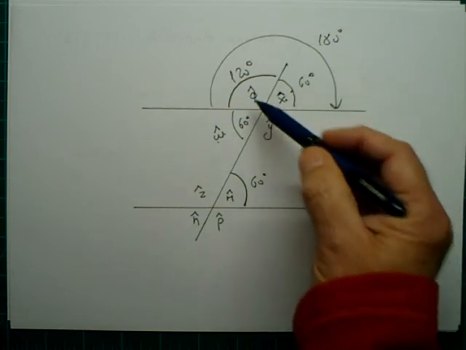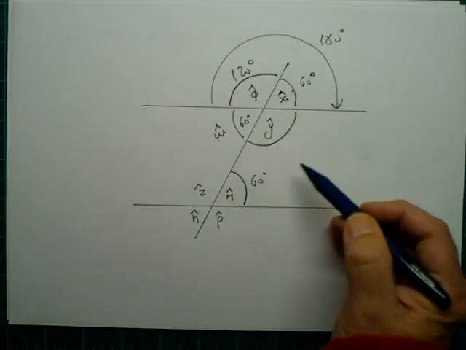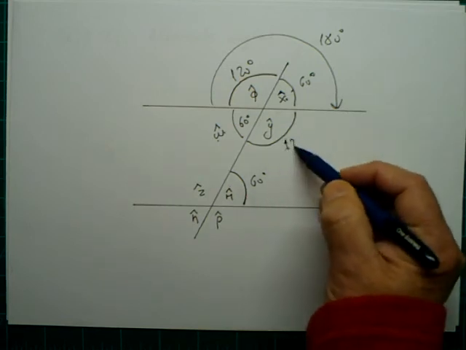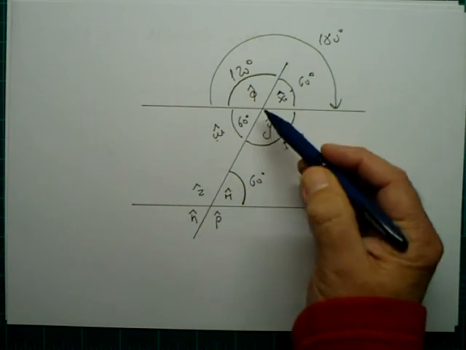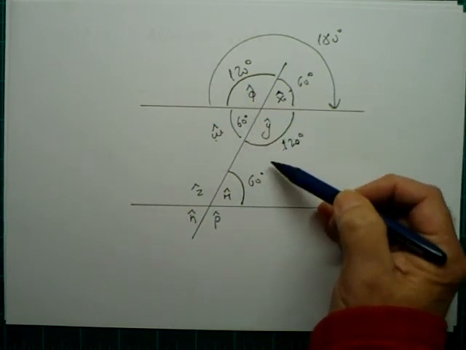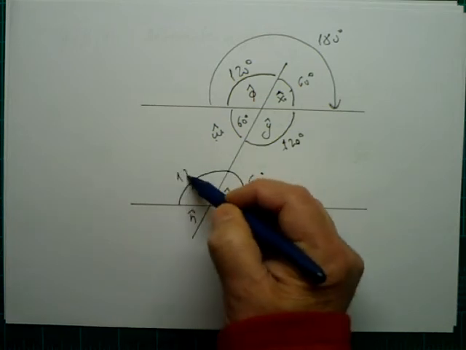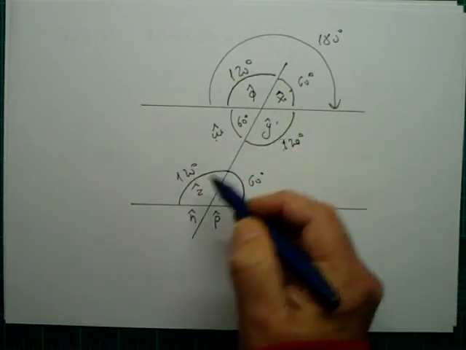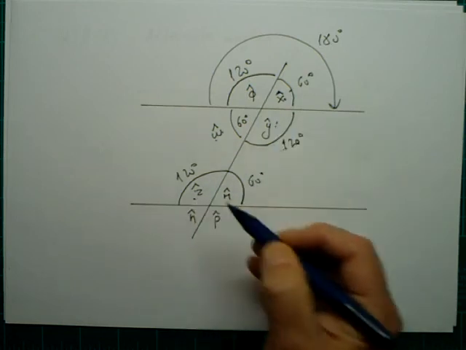So the angle y here is 120 because these are opposite. I mean phi and y. Also, the angle z here is 120 because these two, y and z, are alternate.